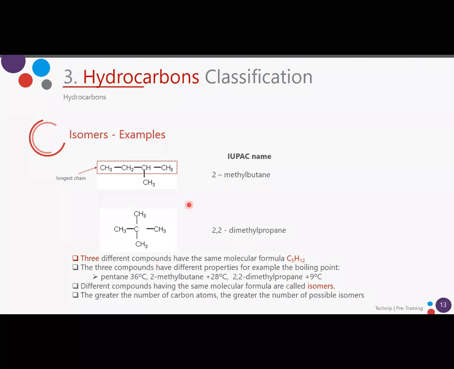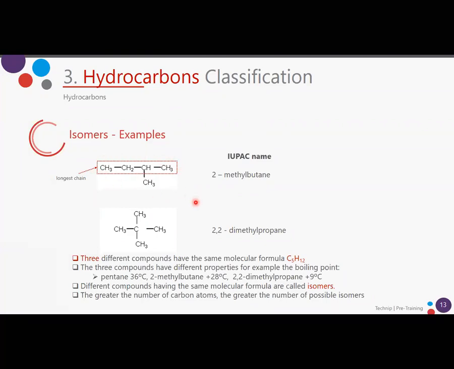How do we name it in this branched alkane? First, we have to find the longest chain. In this case, it is this 4 carbon chain. So we will name it butane. And then we will find the alkyls. In this case, we have a methyl alkyl attached to this butane.